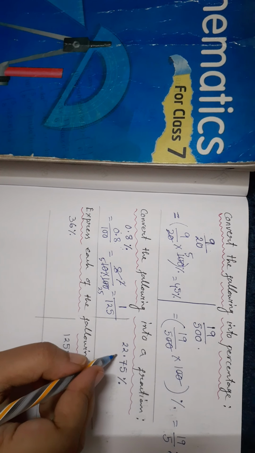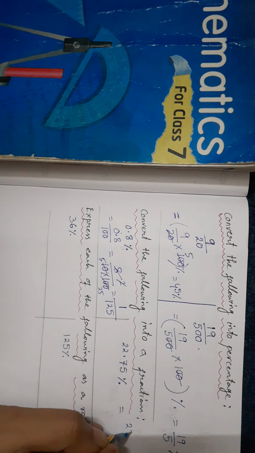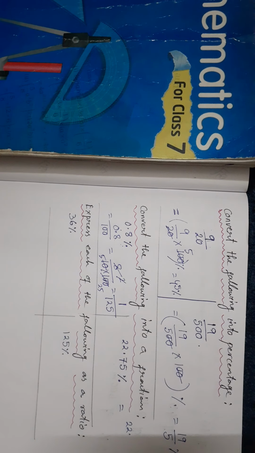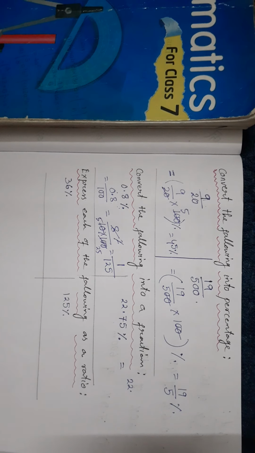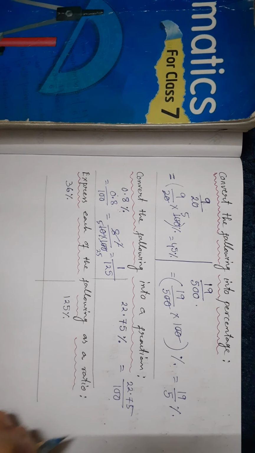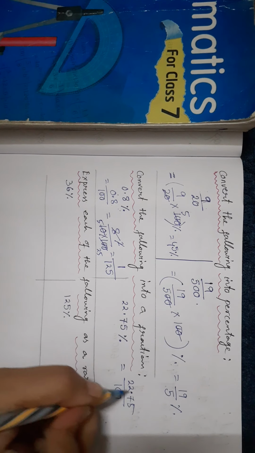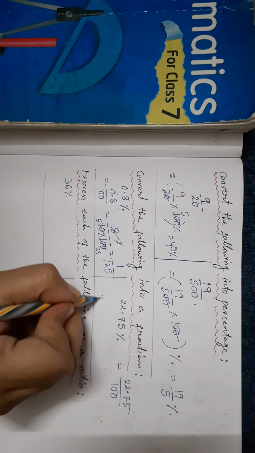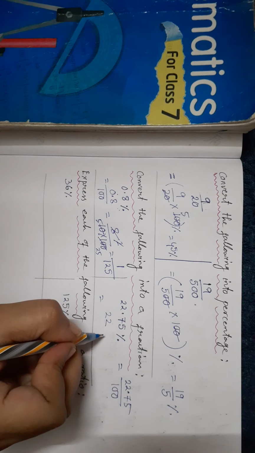Next one is 22.75%. So again we will write 22.75 by 100, right? You can see this one is also a decimal number. So we will write 22, and this decimal point we will shift.